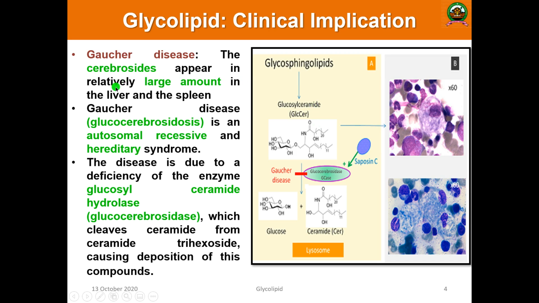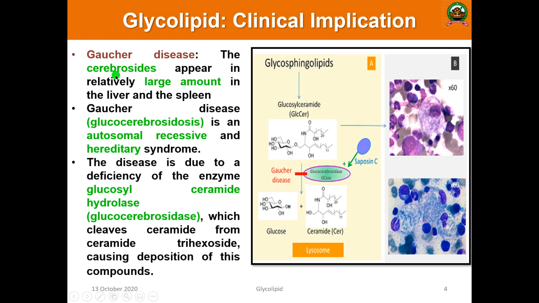And if you look at the glycolipids, there are a lot of biochemistry aspects. Especially the cerebrosides, if they appear in relatively large amounts, lead to a condition called Gaucher disease.